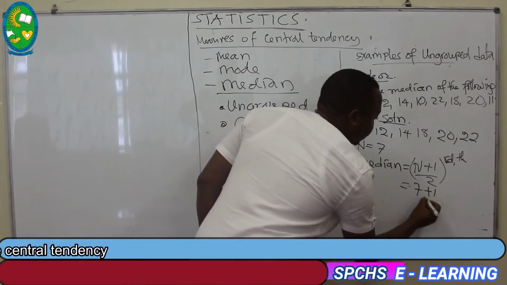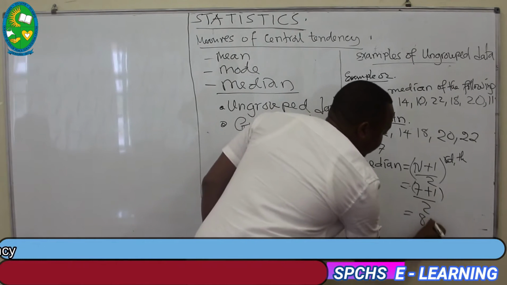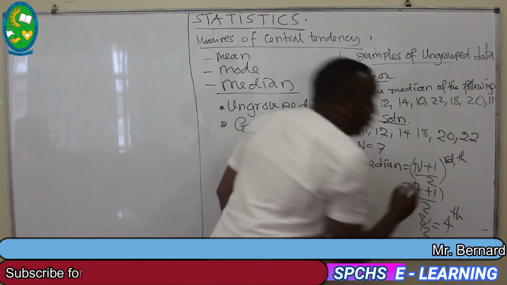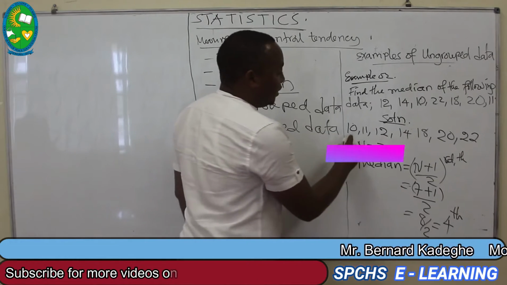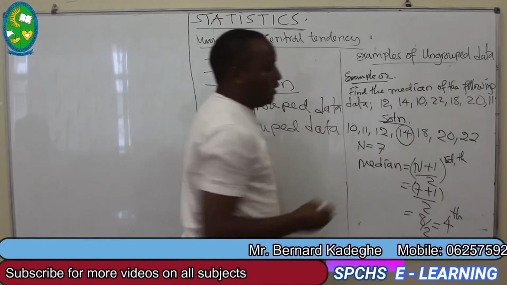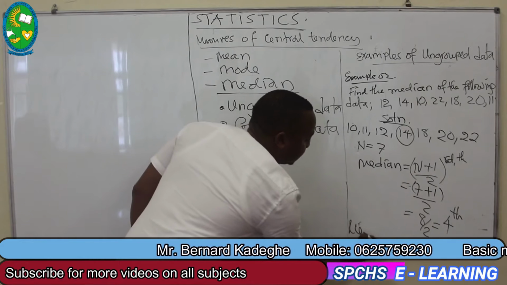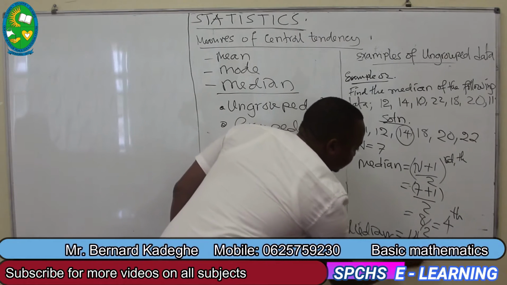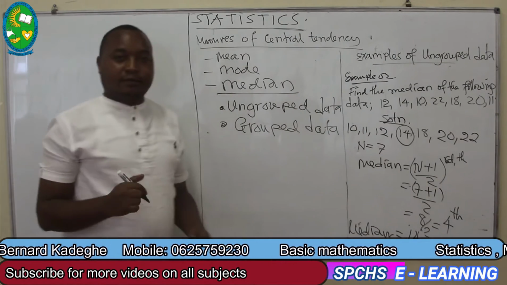We have 7 plus 1 divided by 2, this is 8 divided by 2 equals 4. So it is the fourth term from the list which will be our median. So we just come and count here: 1, 2, 3, 4. The fourth term here is our median. So we conclude that the median of the given data is 14.